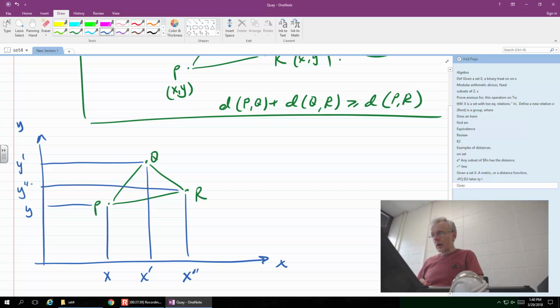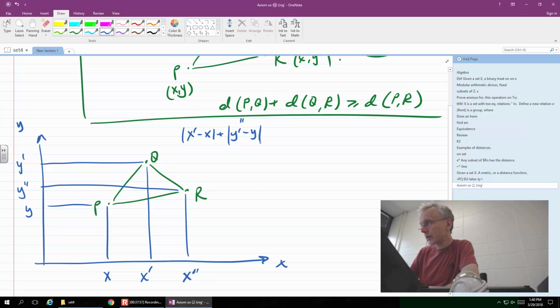So we can actually plot the three terms. Let's write it out over here. This will be |x prime minus x| plus |y prime minus y|.